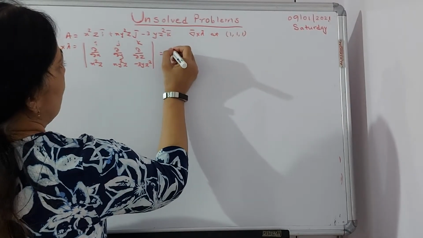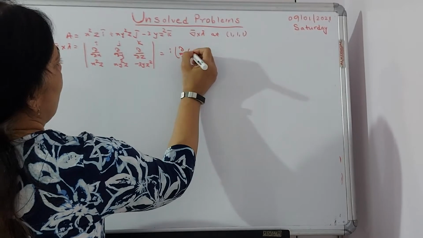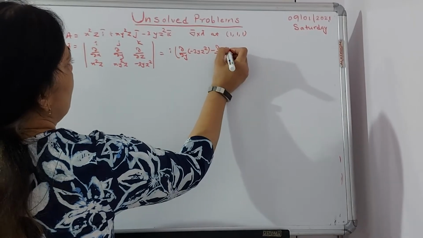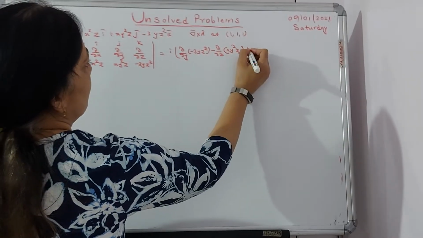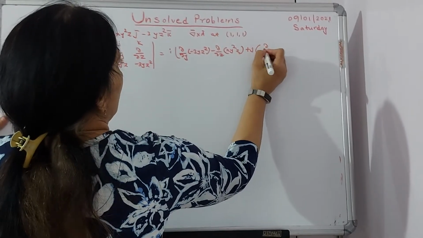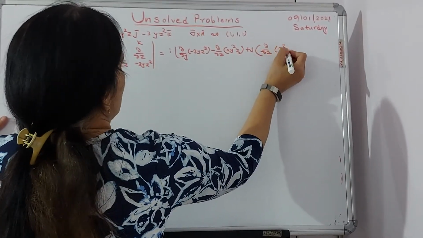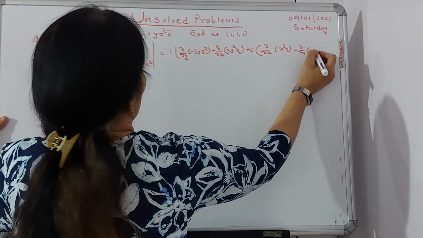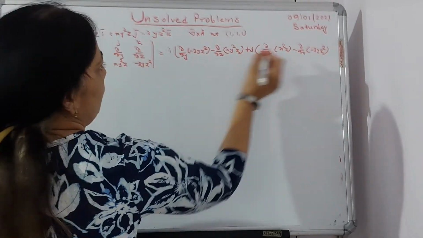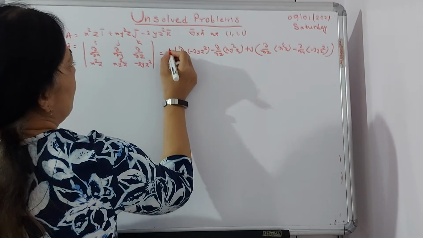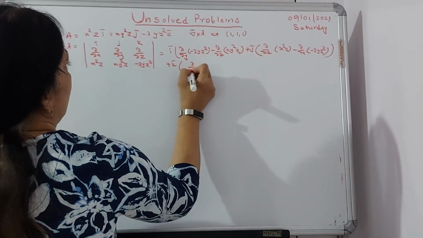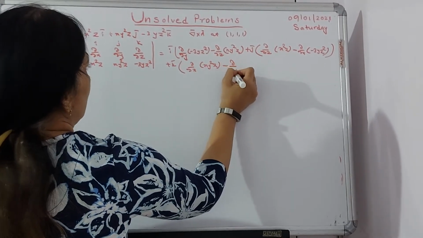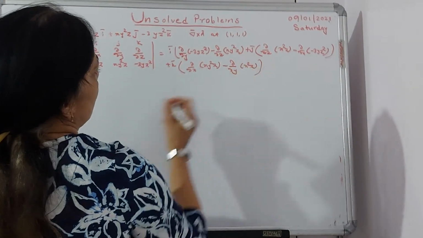Simplify further, so you get i [∂/∂y of minus 3y z square minus ∂/∂z of x y square z] plus j [∂/∂z of x square z minus ∂/∂x of minus 3y z square] plus k [∂/∂x of x y square z minus ∂/∂y of x square z].